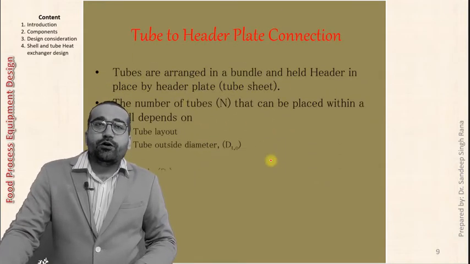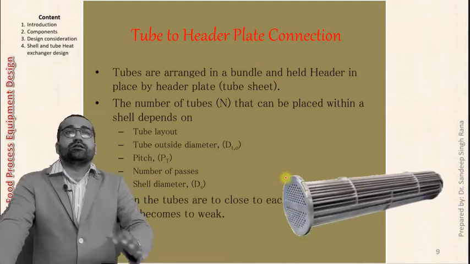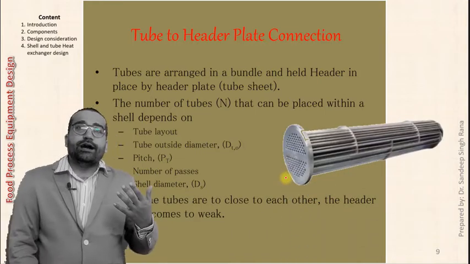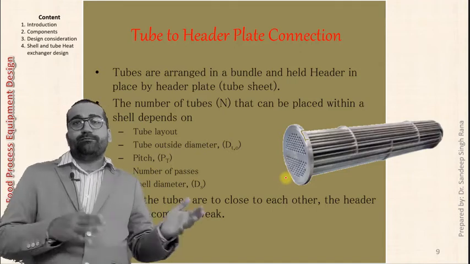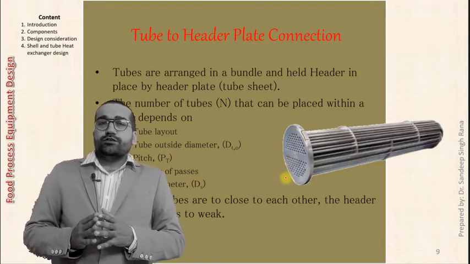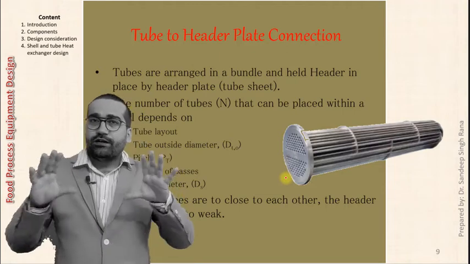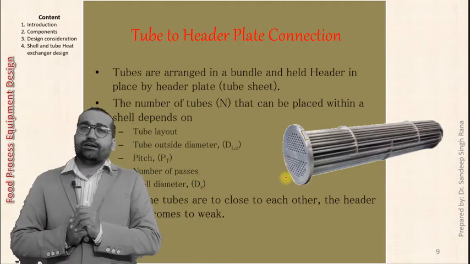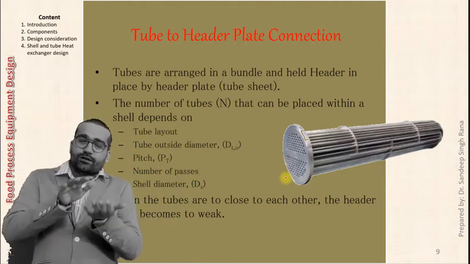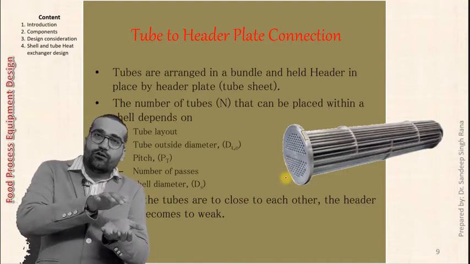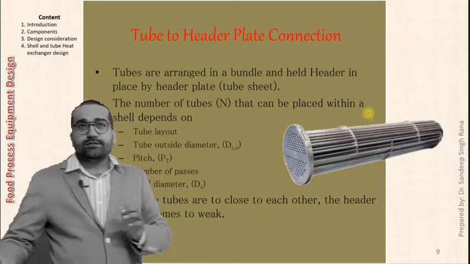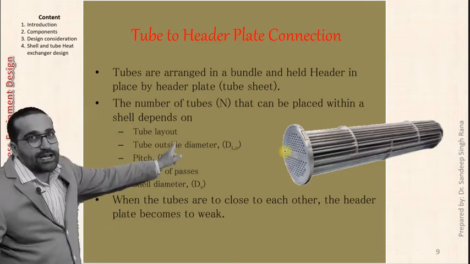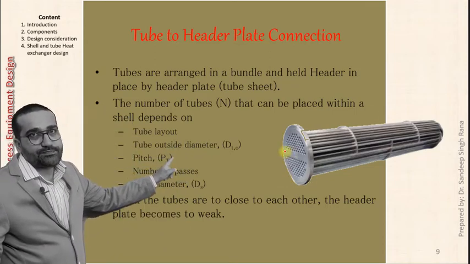The next slide is about tube to head plate connections. What do you mean by tube to head plate connections? We know that we are using a bundle of tubes. Correct. So for supporting that bundle of tubes, we have to provide some head plate. What we are seeing in this slide is the head plate.